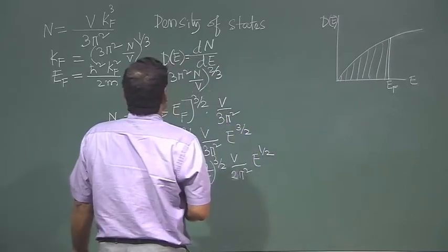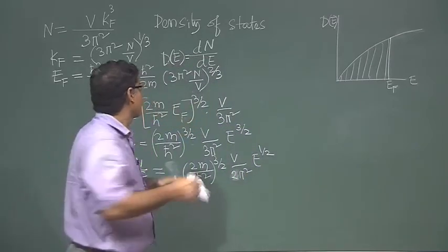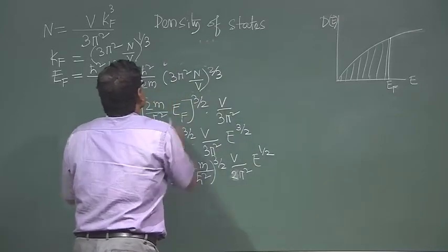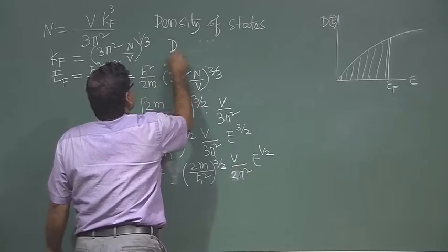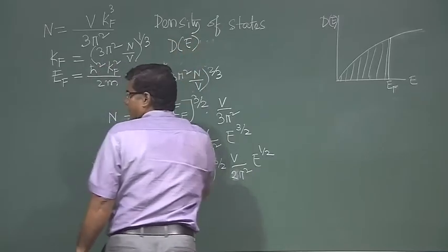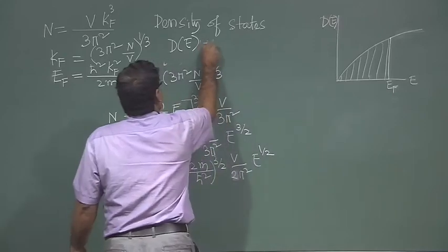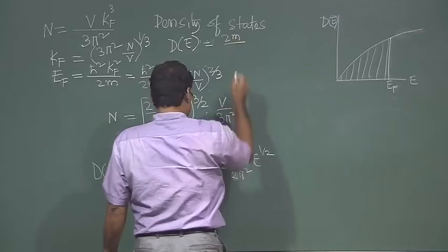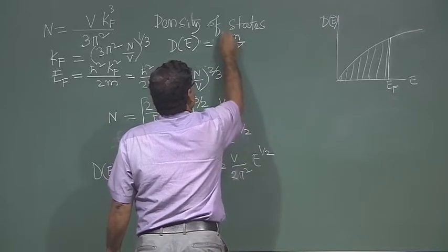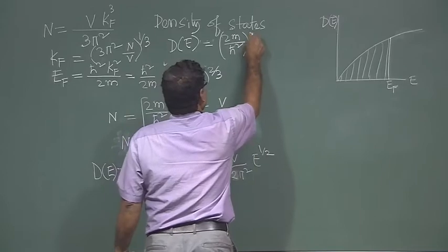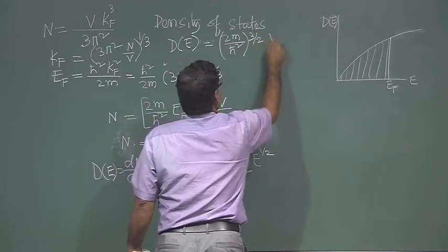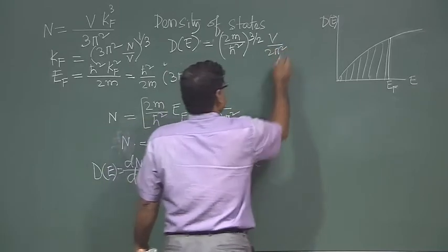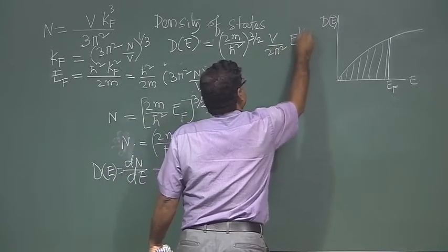The density of states I have to keep note of here: density of states D, what we got, is equal to (2m by h cross square) to the power 3 by 2, V by 2 pi square, E to the half.